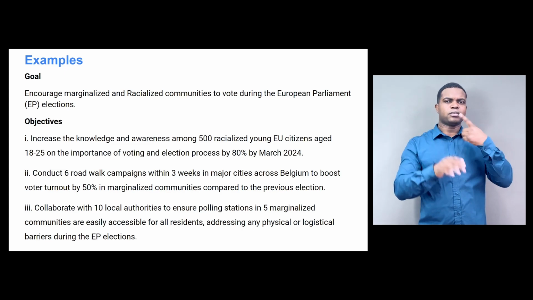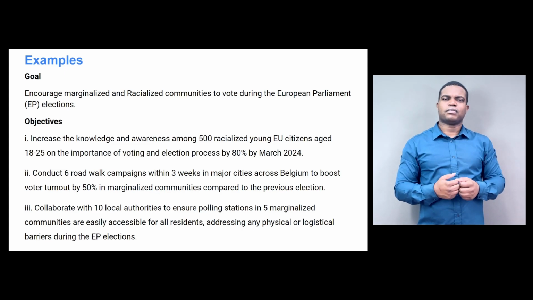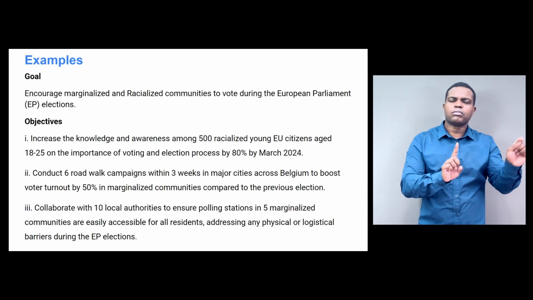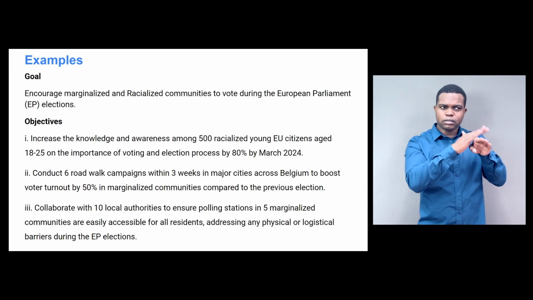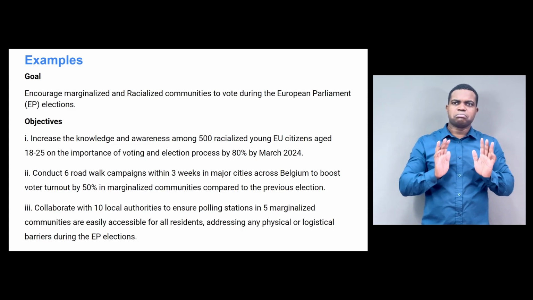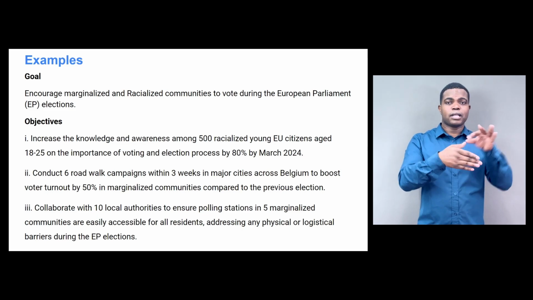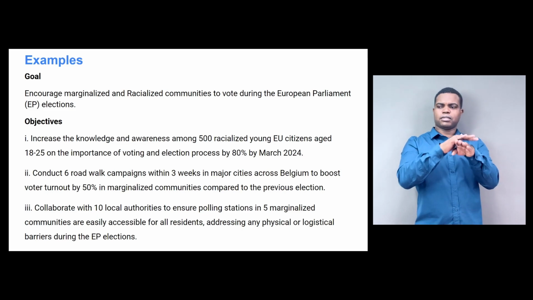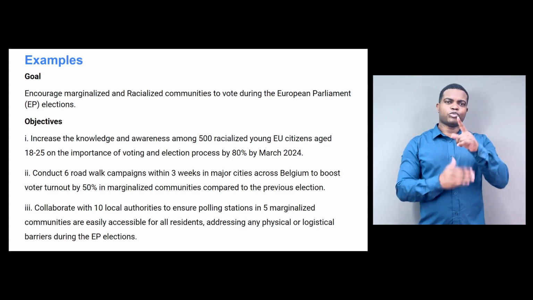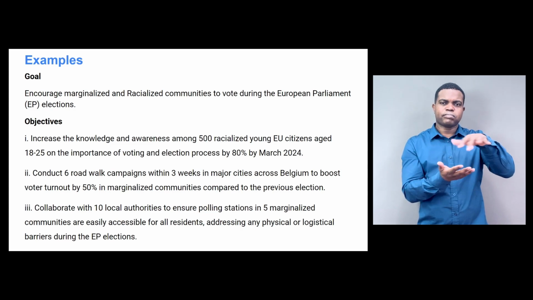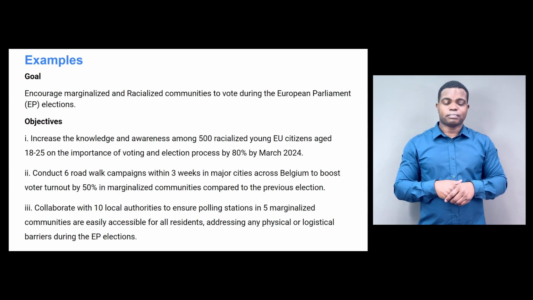Is it measurable? Yes, it is measurable, because you already have the polling stations you will be working with, and you are going to be checking how easily accessible they are. So with whatever happens on election day, how accessible that polling station is, you are going to be collecting data, and from this data you are going to be measuring it.